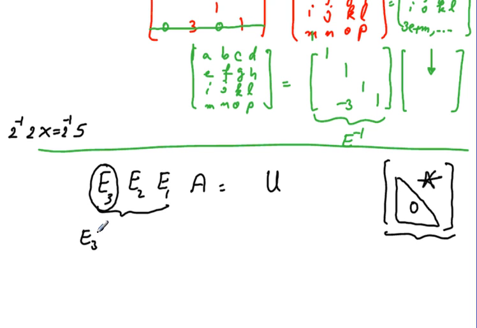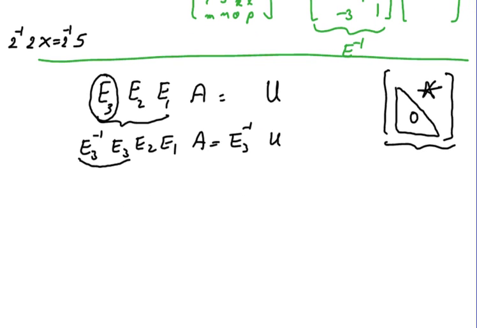That's going to be E3 inverse times whatever I had. Well, if I multiply on this side, I have to multiply on the right-hand side as well. So what is E3 inverse E3? Just the identity, is that right? And identity times anything is itself. So you have managed to get rid of one of these. It showed up on the right.